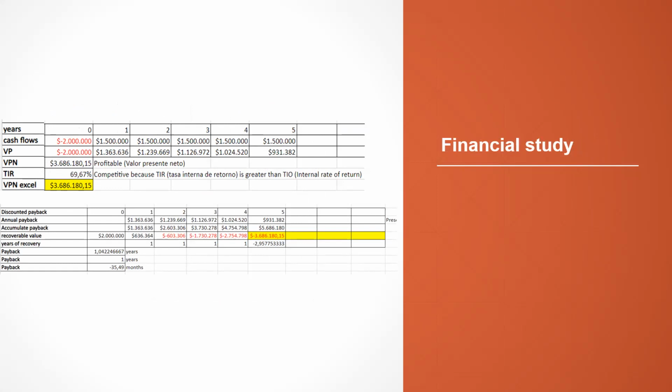In our financial study, we found out that our project has a really high IRR. This is because with the machinery implementation, we are going to be able to upscale our production very high, giving us a real big rate of return, with a rate of almost 70%.